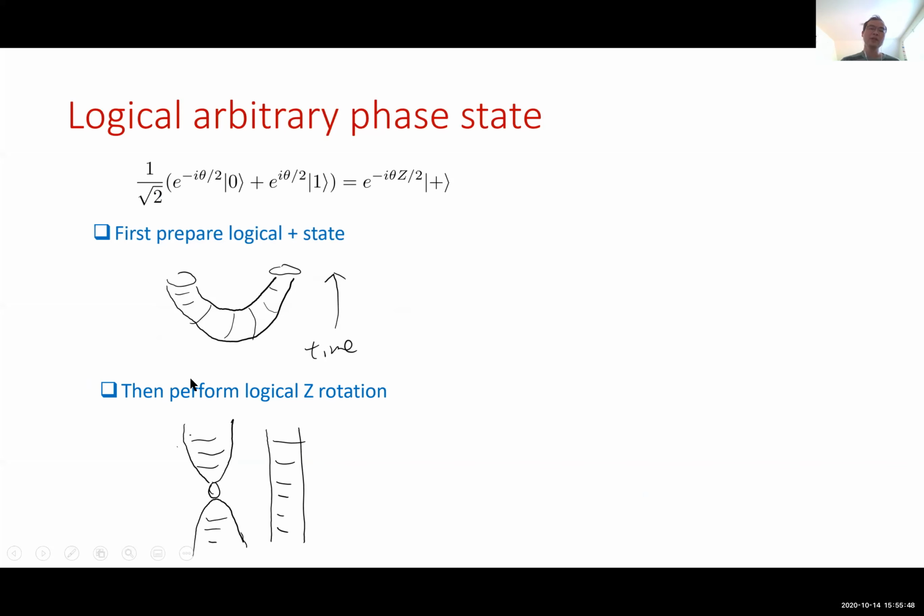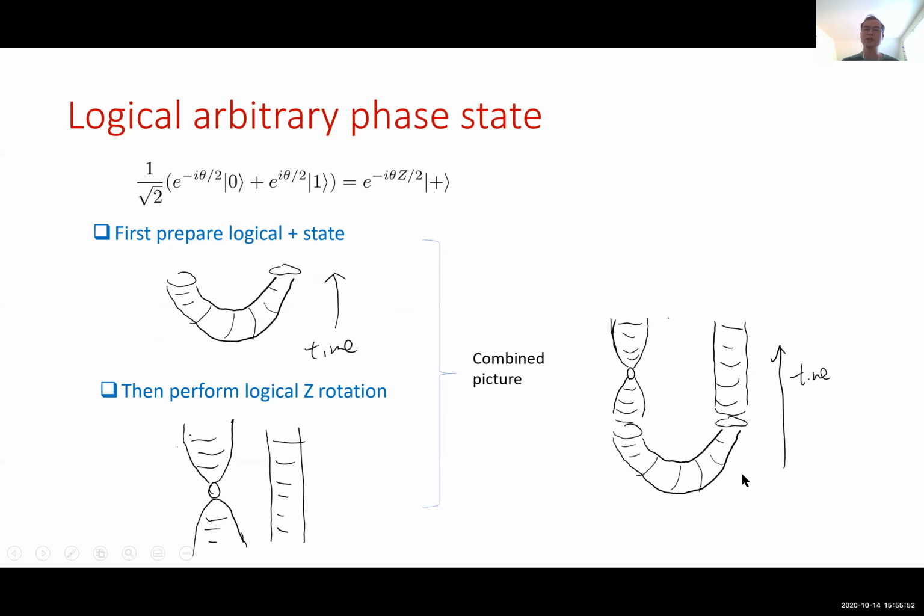If I create that, then I perform the logical Z rotation. In combination, this looks like that. In time, you prepare this, and you shrink this region, do the rotation, expand. So you have this nice diagram representing logical phase state preparation, right?